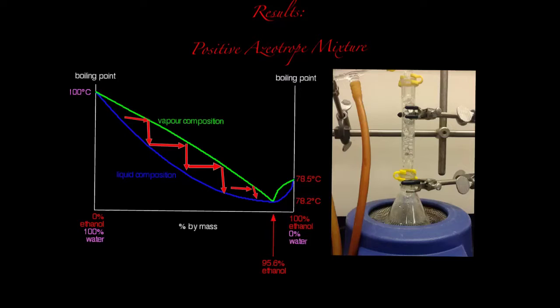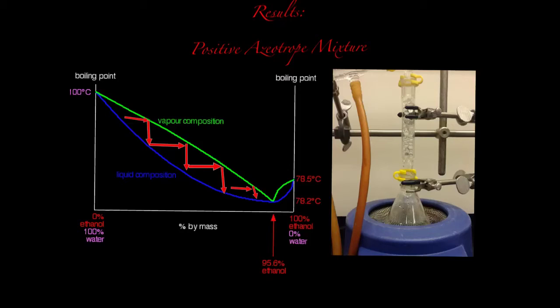Since the mechanism is happening in the fractional column again and again every time that the water vapors condense in the Raschig rings, we see again that when we go down back to the liquid phase, we again travel horizontally into the vapor phase, which by now should be at 50% ethanol. And as the process repeats again, the ethanol would increase to 70%, and then again into the vapor phase would be 90%. So this is what's going on in a positive azeotropic mixture.